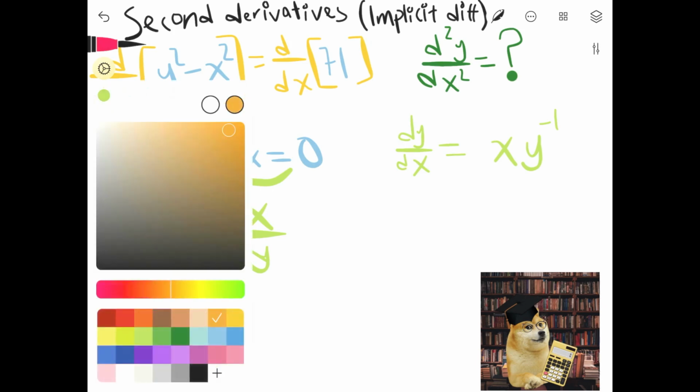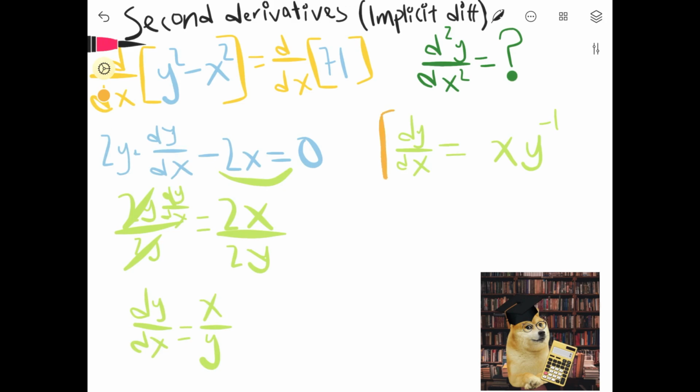So what we shall do now is just find the derivative of both of these things: the derivative of dy/dx and the derivative of x times y to the -1.